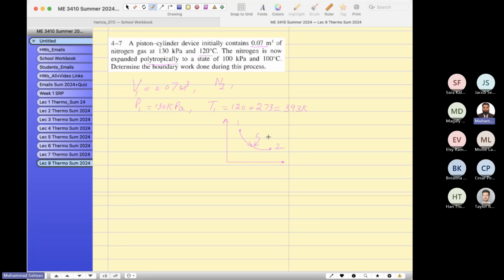This is expansion polytropically. The question is to find the boundary work done.